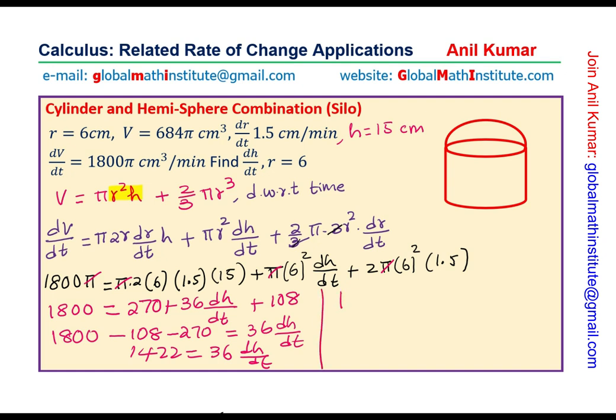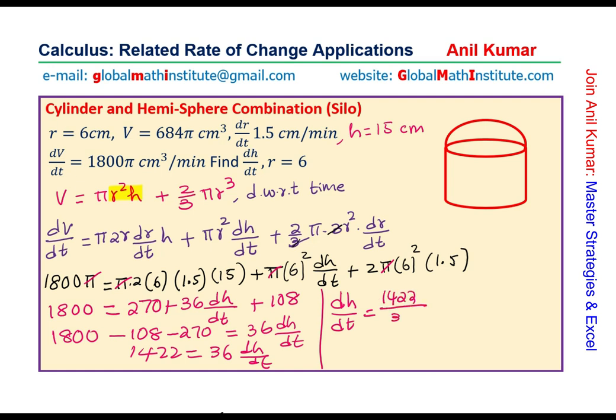So from here we can find dh/dt equals 1422 divided by 36, which is 79 by 2, or 39.5. Units being centimeter per minute.